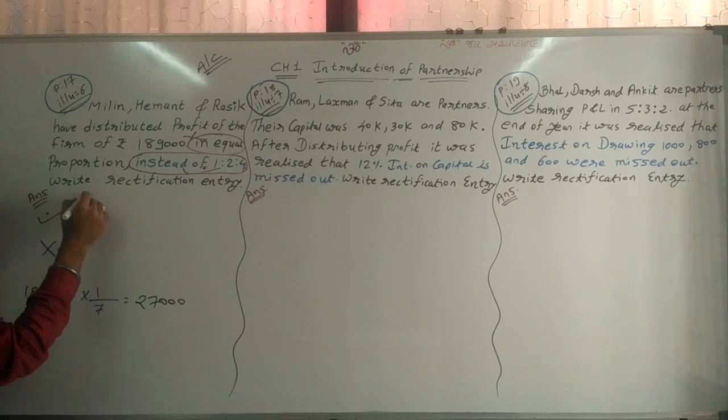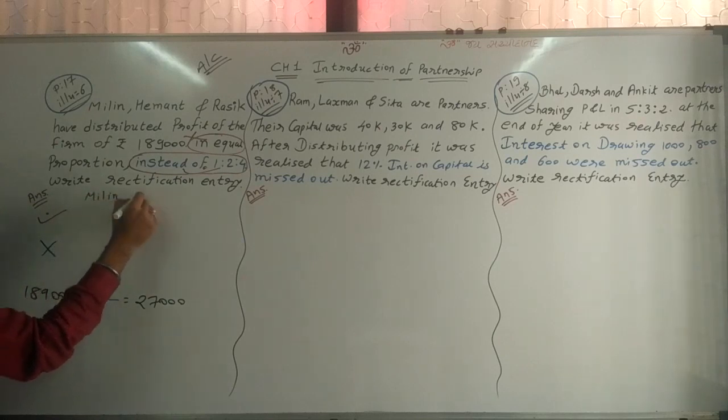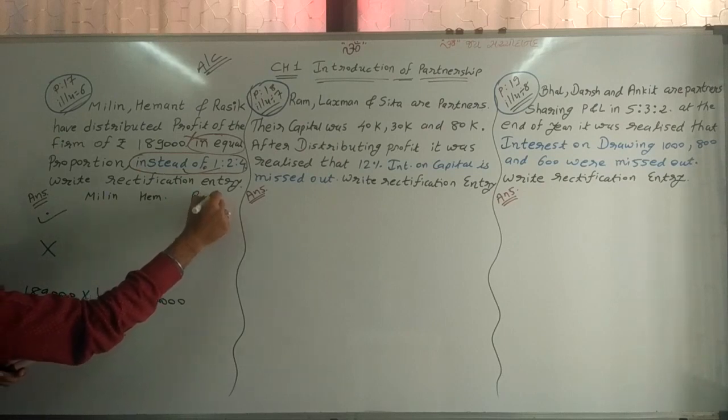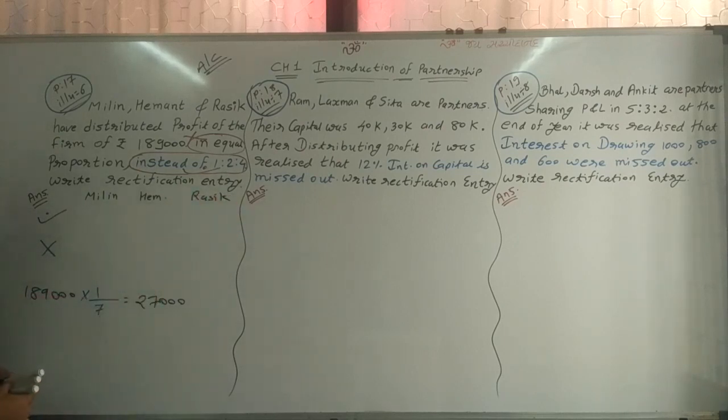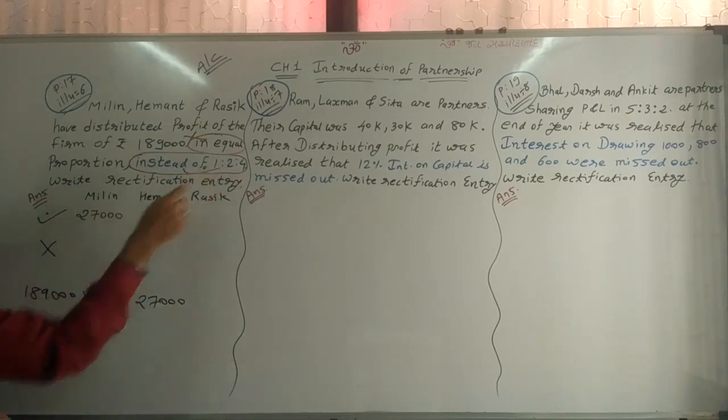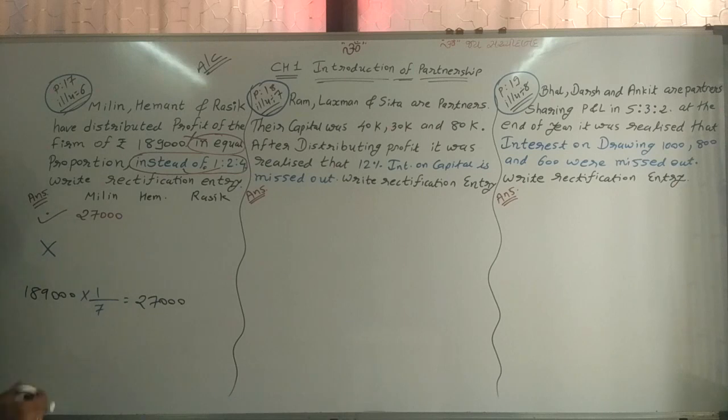So for the three partners, Milling, Hemant, Rasik, we write 27,000 for Milling. Now for the second, the portion is 2. 1,89,000 into 2 divided by total 7.